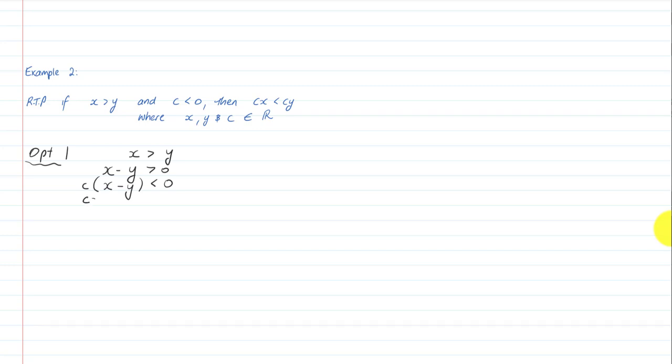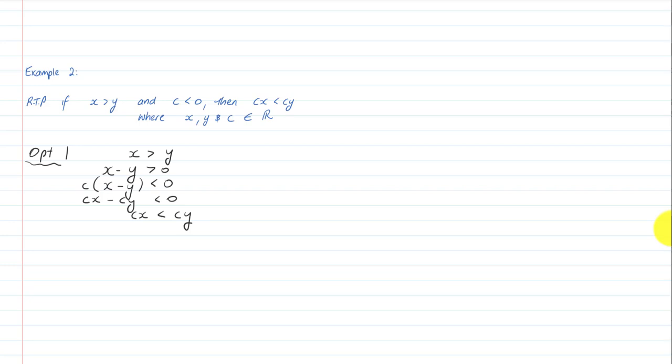And then that gives me cx minus cy is less than 0, which gives me cx is less than cy when I add it back on. What this does is it fixes an element of the negative and positivity of x and y, because they could be different. x could be positive and y could be negative. And so it's nice to bring them to both sides.